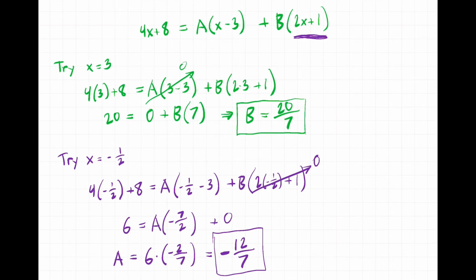So we have successfully solved for both of these missing coefficients here, the numbers that appear on the tops of both of these simple rational functions. They both happen to be fractions. That's okay. Sometimes you get fractions, sometimes you get whole numbers, sometimes you get irrational numbers. That's all right. You're usually not going to get irrational numbers as long as the coefficients in your polynomials are rational, but that's not to worry about.